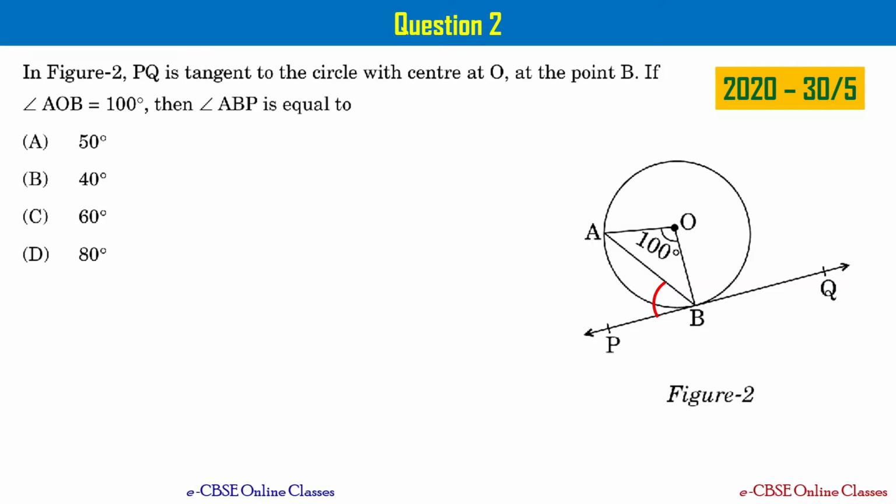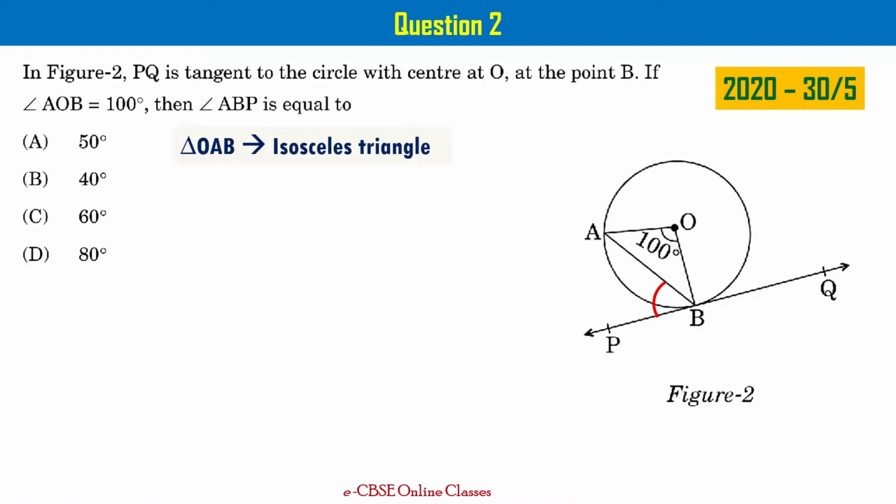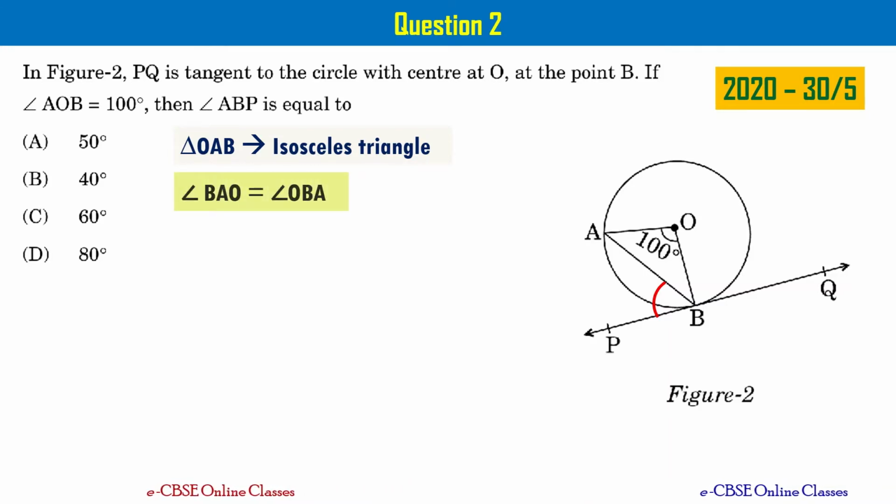As you see here, OA is equal to OB, equal to the radius of the circle, right? It means triangle OAB is an isosceles triangle. So we can use the idea of equality of two of the angles, that is, angle BAO is equal to angle OBA.